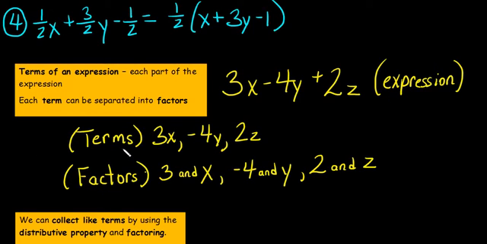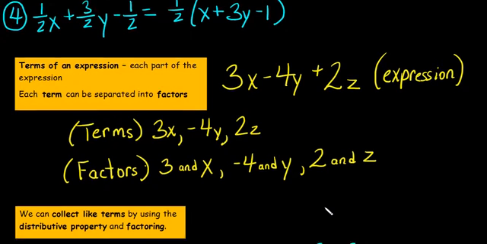I want to show you that the terms are 3x, another term is negative 4y, and another term is 2z. If I separate those terms into their factors, 3x is 3 and x, negative 4y is negative 4 and y, 2z is 2 and z.